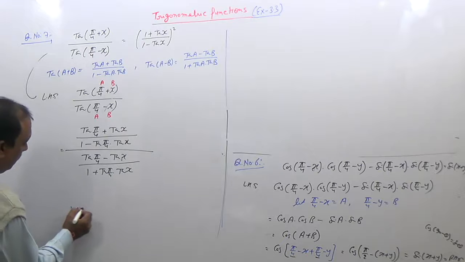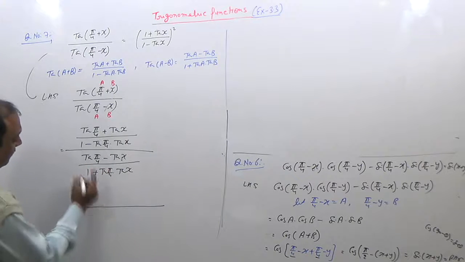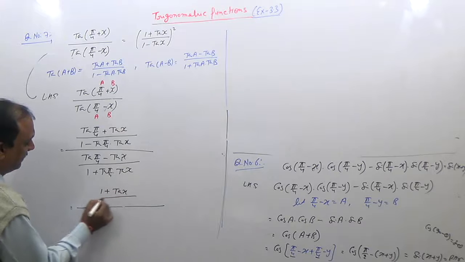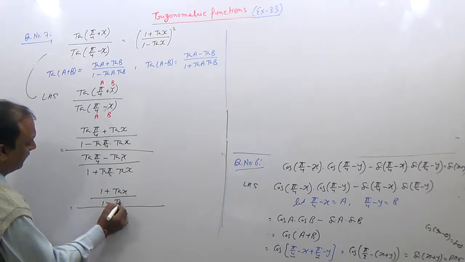Now, we know that tan 45 is 1. So this becomes (1 + tan x)/(1 − tan x) over (1 − tan x)/(1 + tan x).